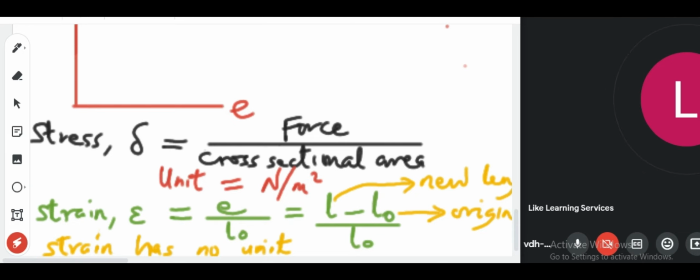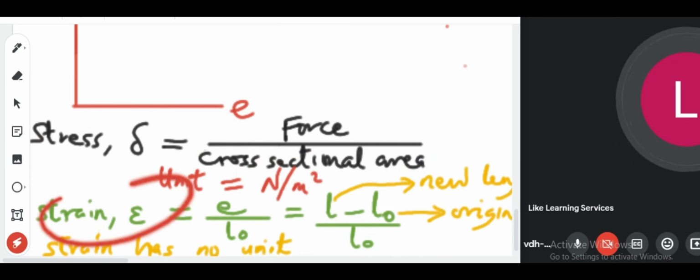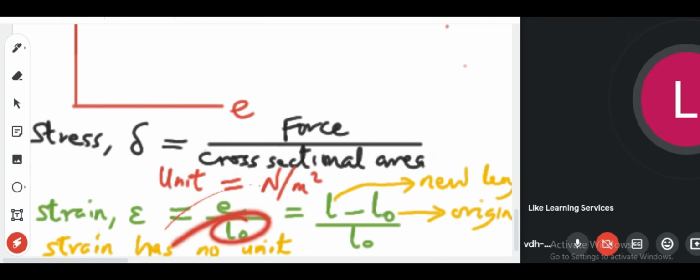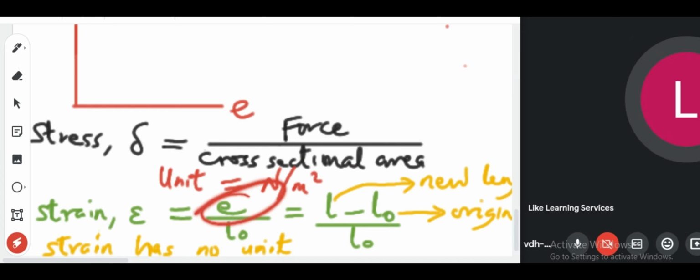So stress is force over cross-sectional area. Strain is extension over original length. The unit of stress is Newton per meter squared. Strain has no unit because it's about length, meter, over meter, so they cancel out.